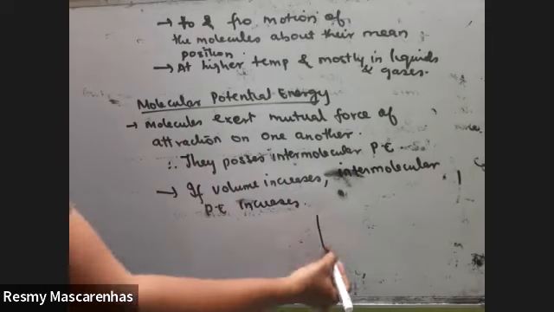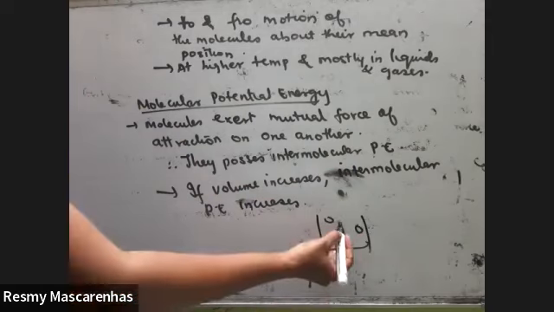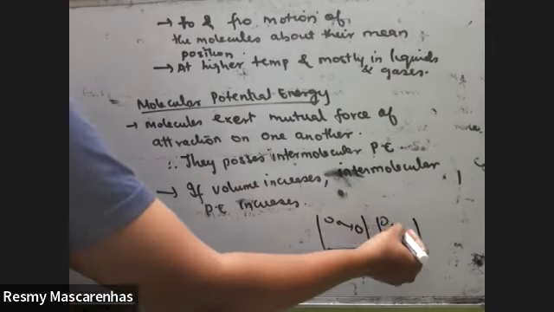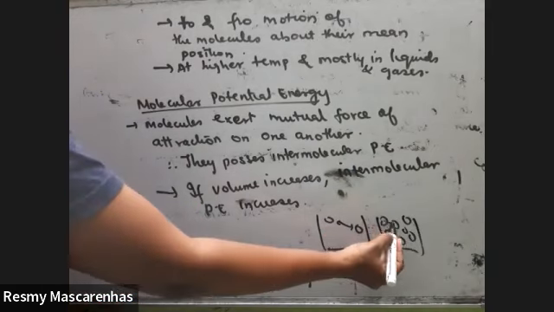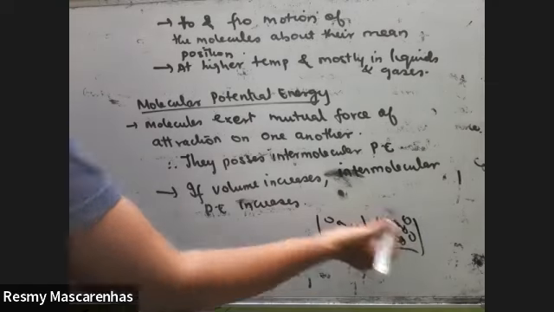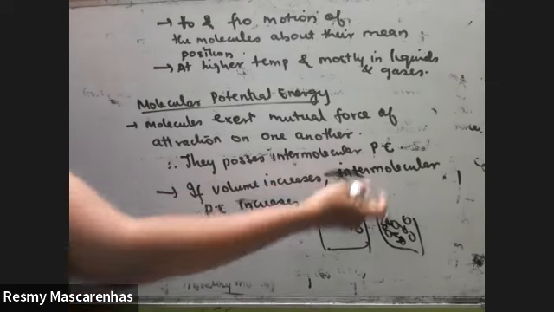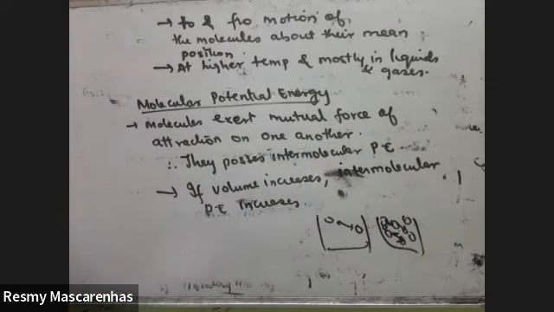Means basically it means what? Like if there are only two molecules, what is going to happen? Force of attraction will be less. If you are increasing the volume, obviously more molecules, so more intermolecular force. More the force, more will be the potential energy. So if the volume increases, more will be the intermolecular forces, and that's why more will be the potential energy.